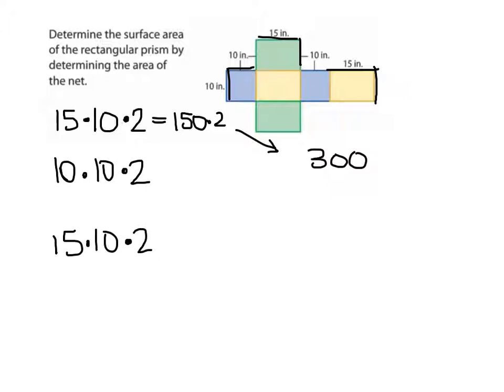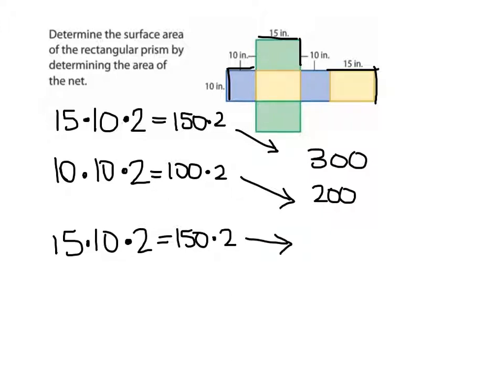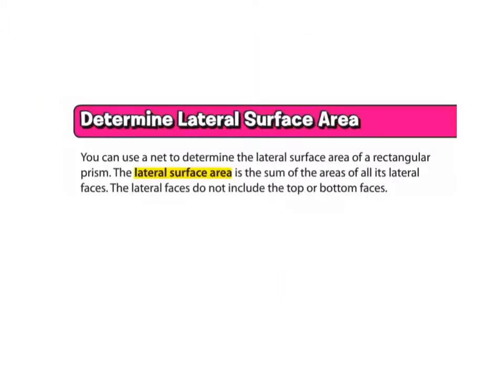Our next one, 10 times 10 equals 100, times 2 gives us 200. 15 times 10 is 150, times 2 gives us 300. Now we need to add those 3 areas together. 300 plus 200 plus 300 is 800. And that's inches squared.